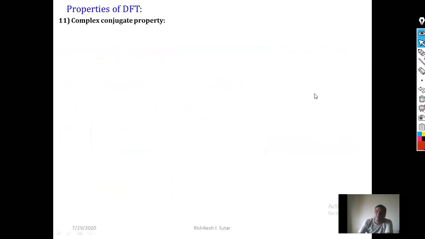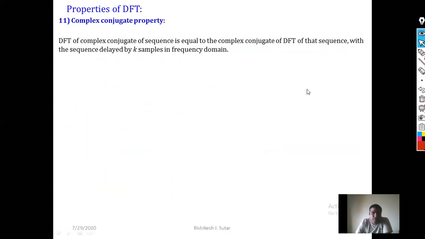So next is the complex conjugate property. The DFT of a complex conjugate of a sequence is equal to the complex conjugate of the DFT of that sequence, with the sequence delayed by k samples.